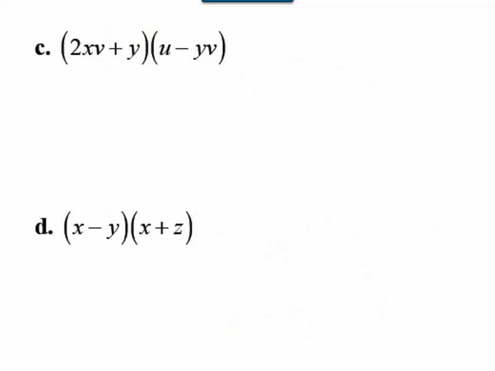Jumping to C and D. How about 3 different variables? How about that?